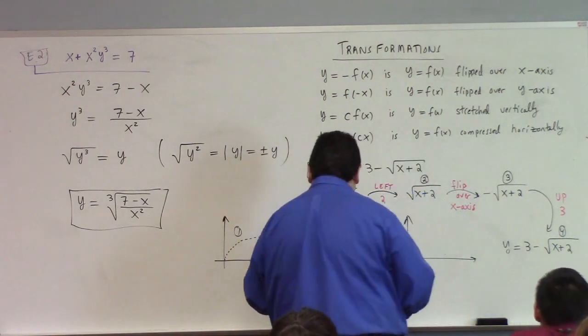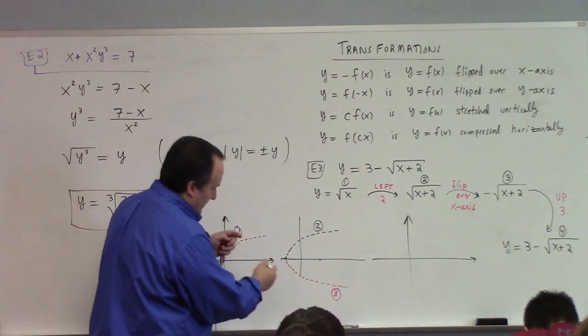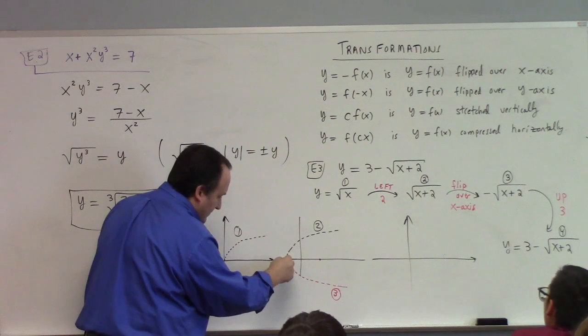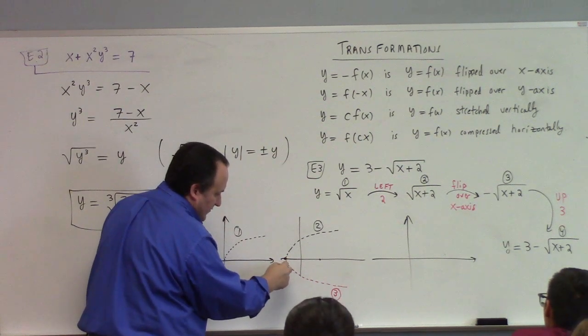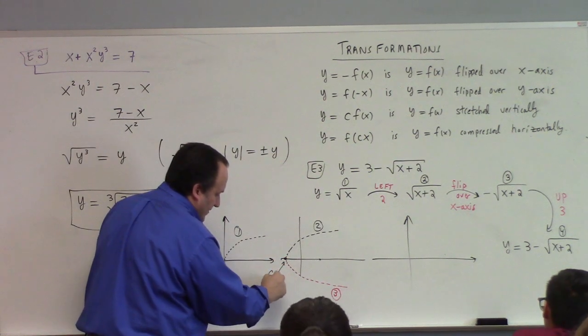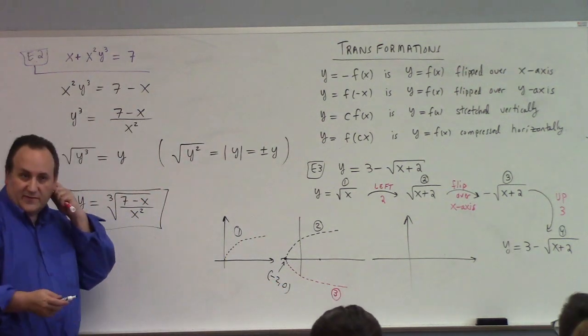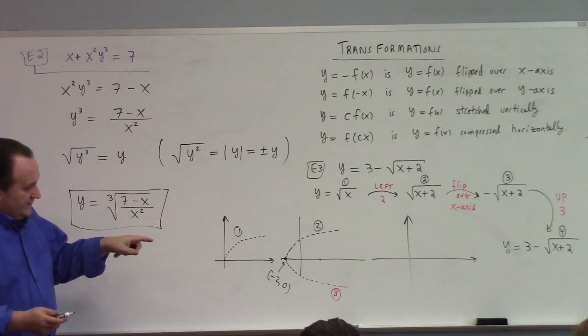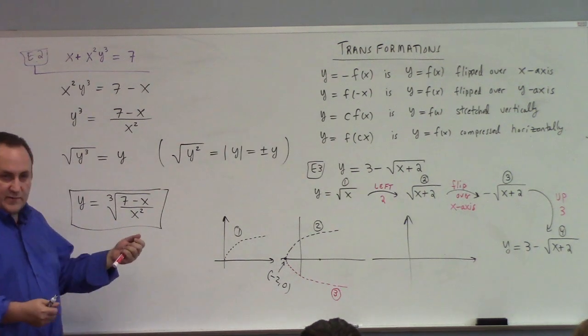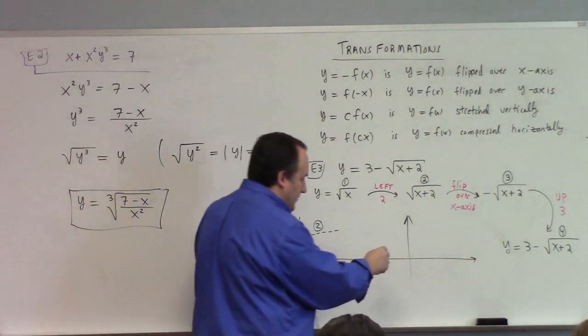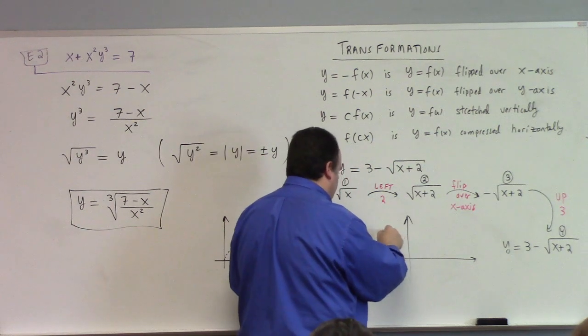Where's this point right here? That point's kind of important. That's minus 2, 0, right? So that is the anchor point, if you will, for the square root. And so that is going to shift up 3. So it goes from minus 2, 0 to minus 2, 3, which would be like here-ish.